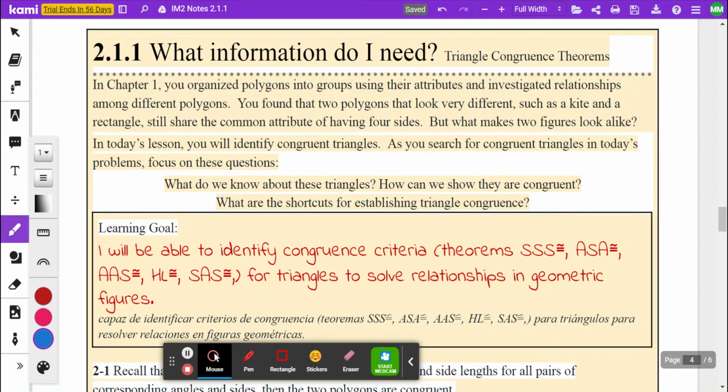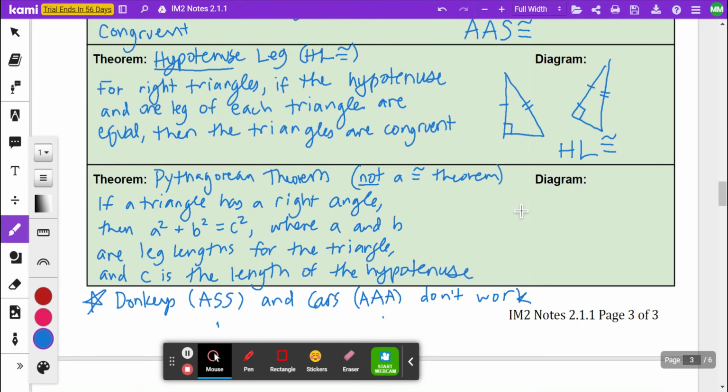So here we go. A squared plus b squared equals c squared if and only if you have a right triangle with legs a and b and hypotenuse c.